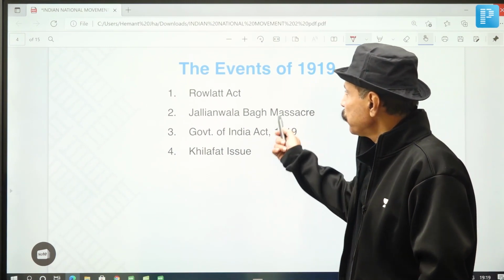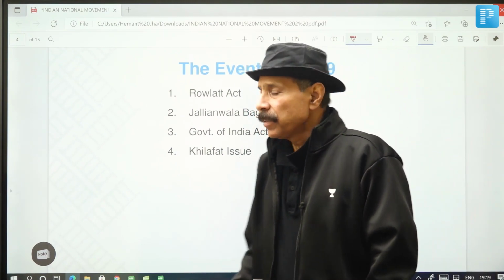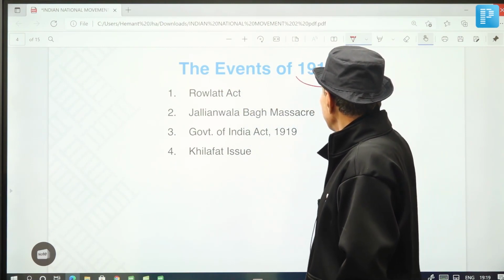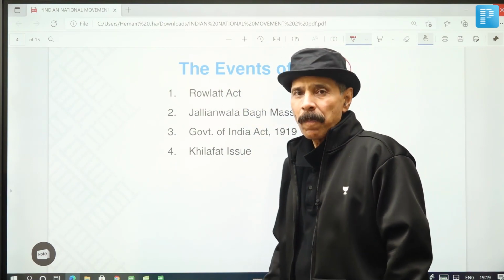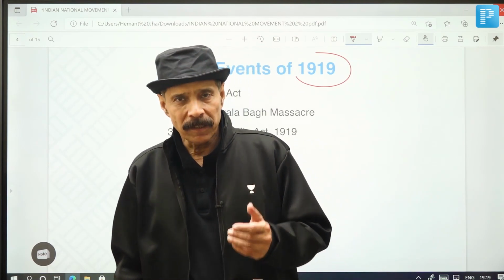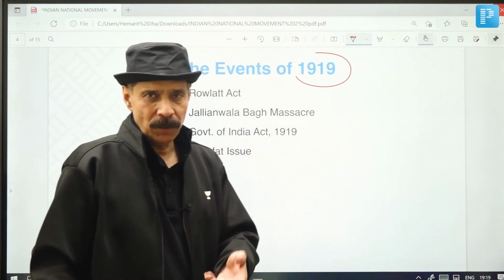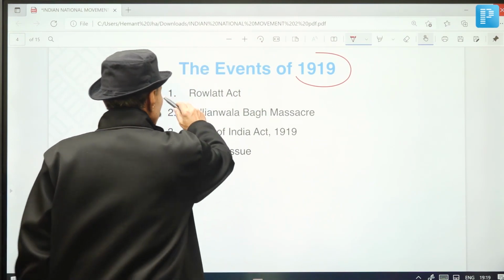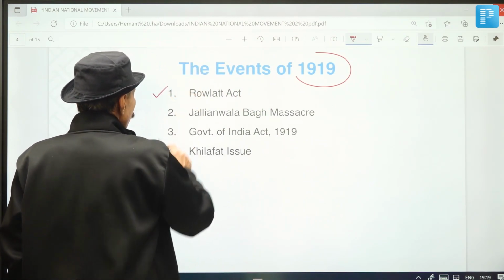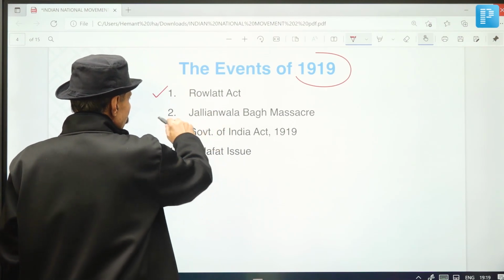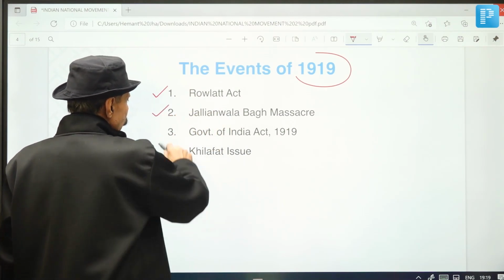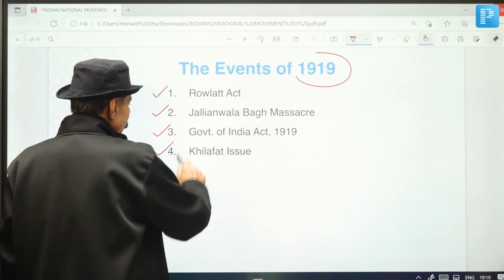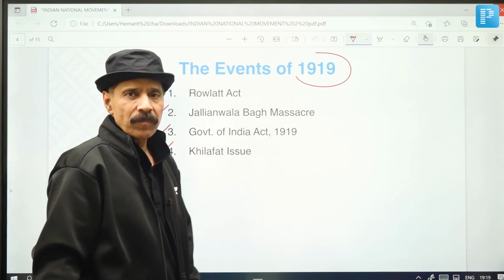And the next presentation here is on the events of the year 1919. I have already discussed this, but this is just to remind you. The year 1919 witnessed these four events: Rowlatt Act and Rowlatt Satyagraha, Jallianwala Bagh Massacre, passing of the Government of India Act 1919, and rise of the Khilafat issue.